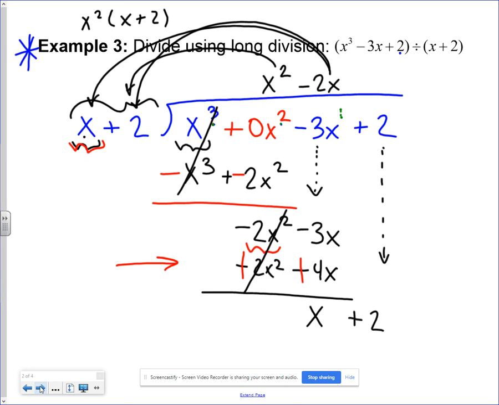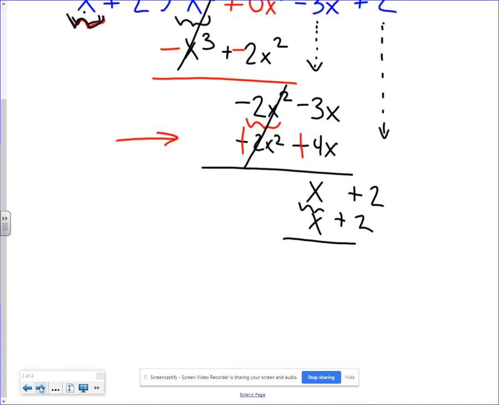Now I've got to take something times this x here to make it x, which is 1. So 1 times x is x. 1 times 2 is 2. And then draw a line under it and subtract. These cancel out, so the remainder is 0.